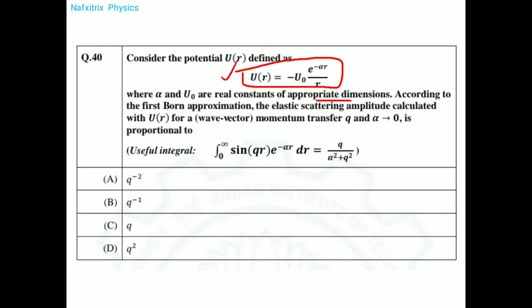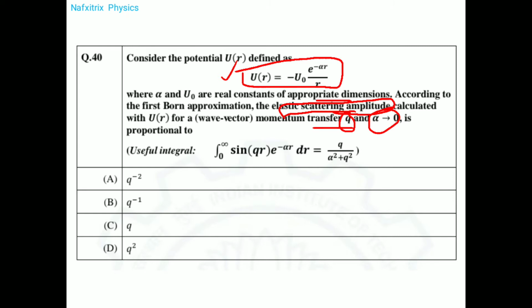According to the first Born approximation, the elastic scattering amplitude calculated with U of r for a wave vector momentum transfer q, which is nothing but k minus k dash, and alpha tends to 0, is proportional to what? That is what we need to find out.